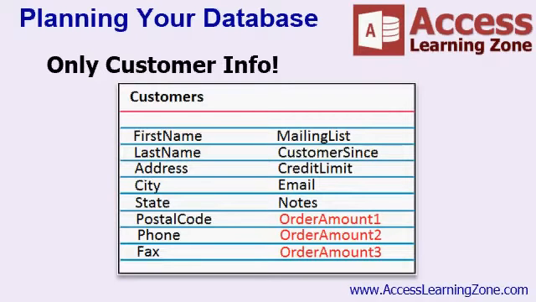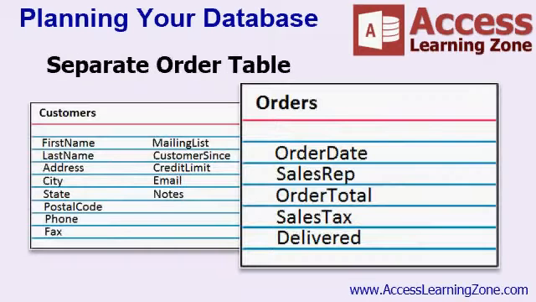Right now, this customer is limited to only 3 orders, and that's bad database design. As a general rule of thumb, if the customer has more than one of some type of thing, put it in a different table. Here that thing is an order. He could have 1 order, he could have 0 orders, he could have 500 orders, hopefully, right?